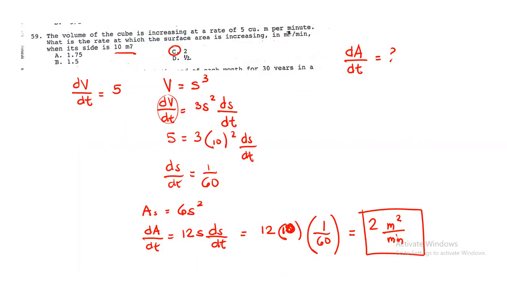So, next, problem number 60. How much must be invested at the end of each month for 30 years in a sinking fund that is to amount to 2.5 million at the end of 30 years if its interest is nominal 4% compounded monthly? Ito kasing 2.5 million na to at the end of 30 years, ito is future value.